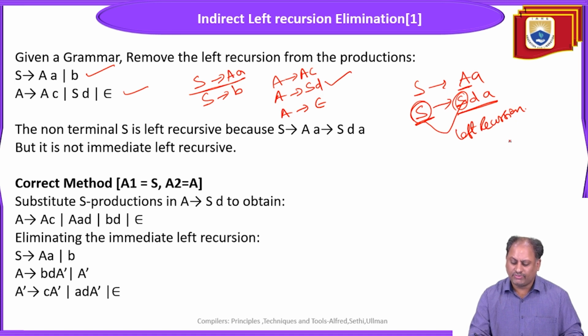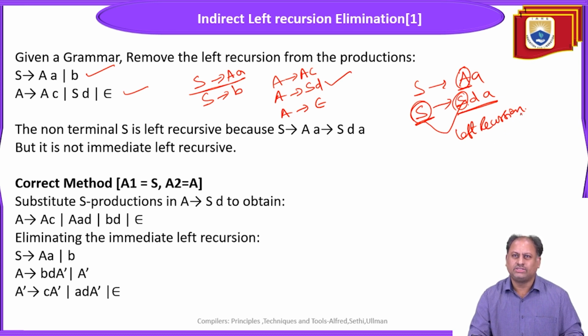Where immediate left recursion exists means X derives X, then it is immediate. Where we substitute a production rule and then derive one more rule to get the recursion, it is not immediate left recursive, hence it is called indirect left recursion.